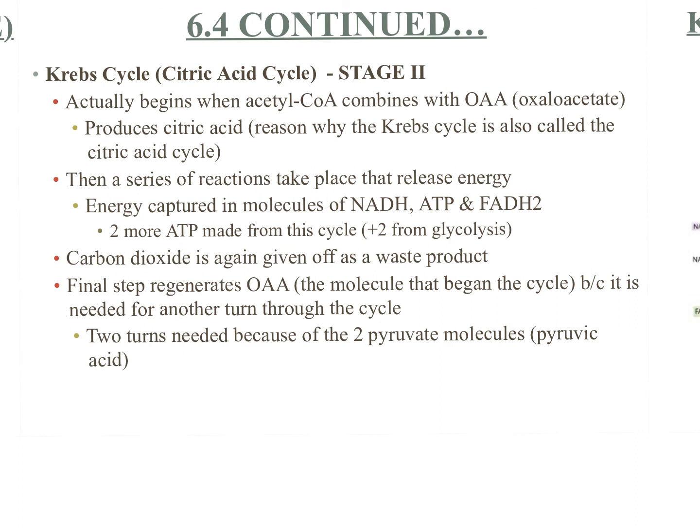So now we started the process with glycolysis. We picked up 2 ATP. Then you come down, you pick up 2 more ATP from the citric acid cycle. Carbon dioxide is also given off as a waste product. So that's where we're going to start to pick up the carbon dioxide. Remember, we're trying to fill out or balance out that equation. And now we're all set to go into the electron transport chain.